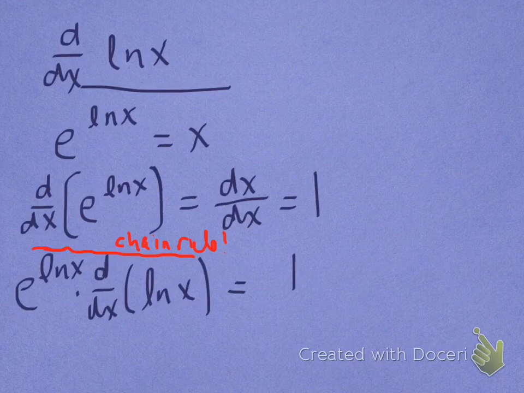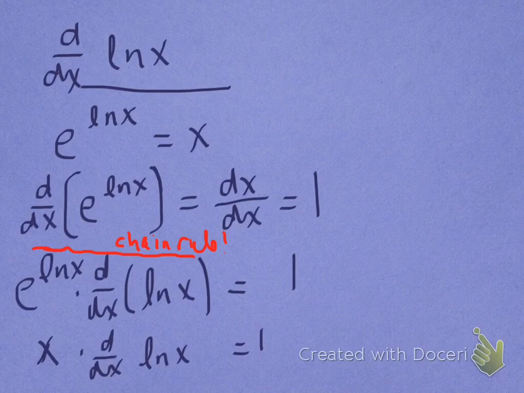That equals 1. Now I use the fact that e to the natural log of x is just x, so I have x times the derivative of natural log equals 1, and now I can solve this equation for the derivative of the natural log of x. I just divide both sides by x, and I get that the derivative of the natural log of x is 1 over x.